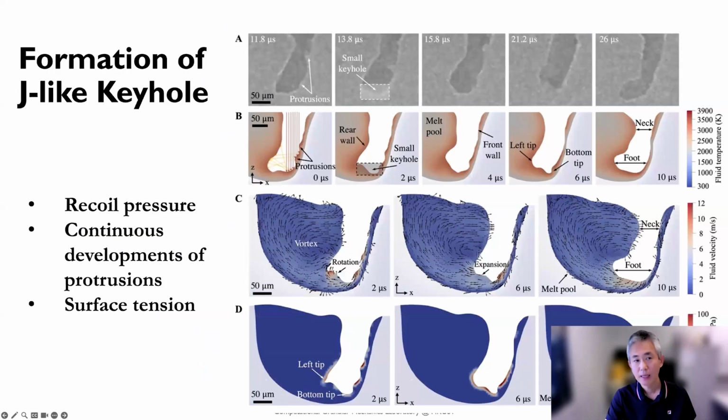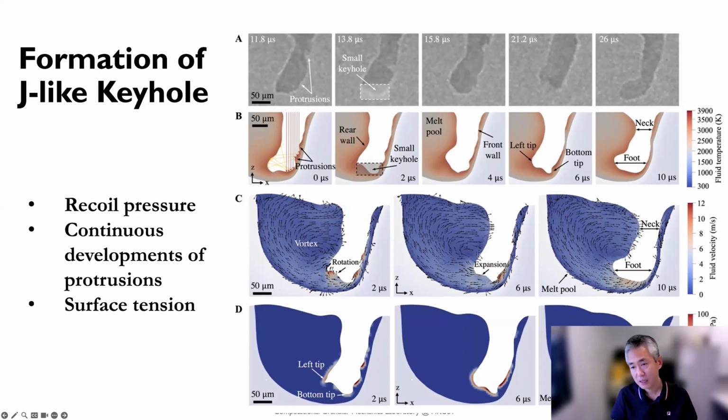Okay, and so in such a process, I want you to explain in more detail that there are multiple physics playing a role here. Okay, and this is where the recoil pressure and the continuous protrusion and surface tension all play a role.